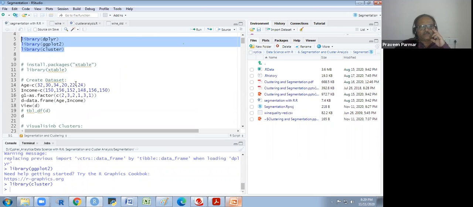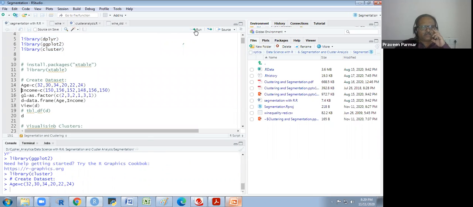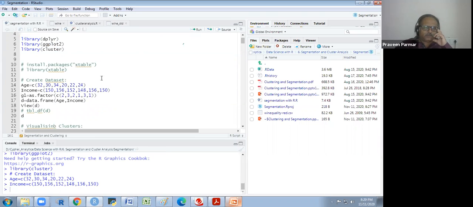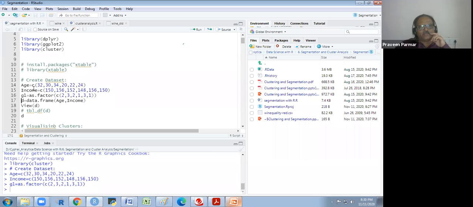I'm creating one data set for age and income, and I'm hypothetically setting some factor. I have taken 6 data points and I am converting them into 3 groups: group 2, group 3, group 1. As a factor G1, I am taking it as a group. I'm making a data frame with age and income only.